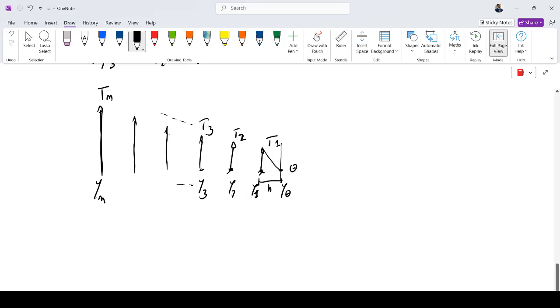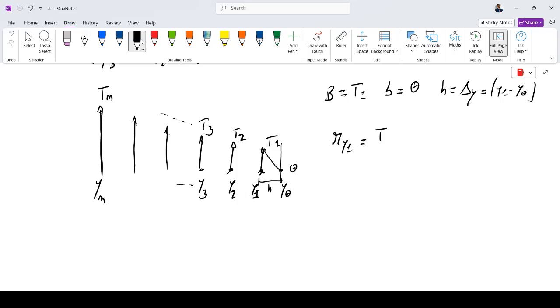The moment in y1 is equal to this approximation, with B major equal to T1, B minor equal to T0, but T0 is 0. The step H, delta Y, is equal to y1 minus y0.